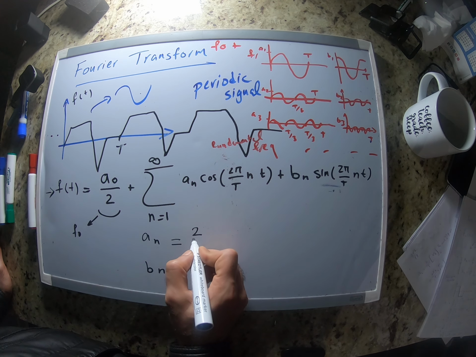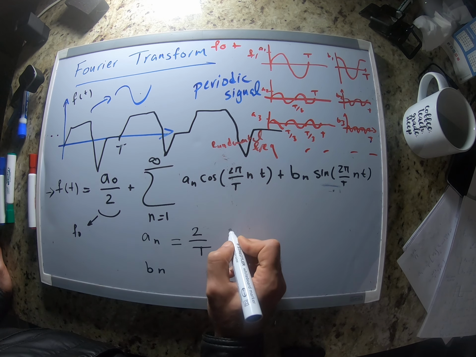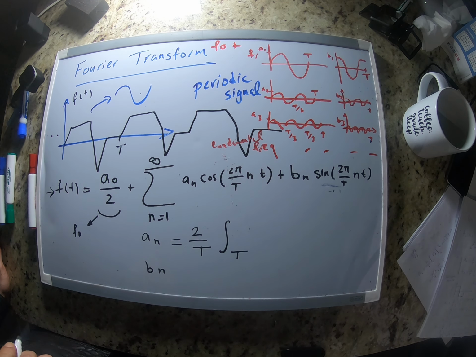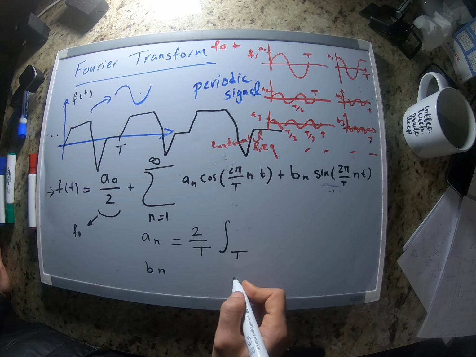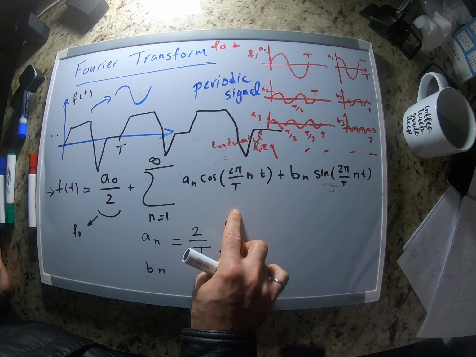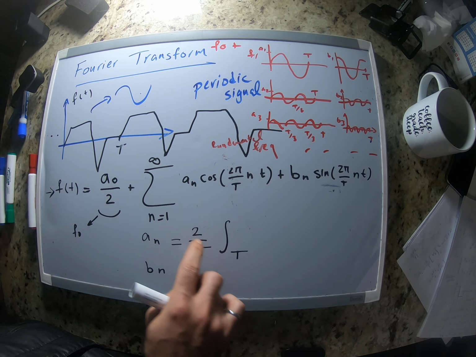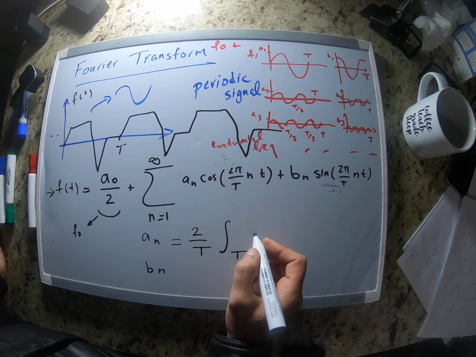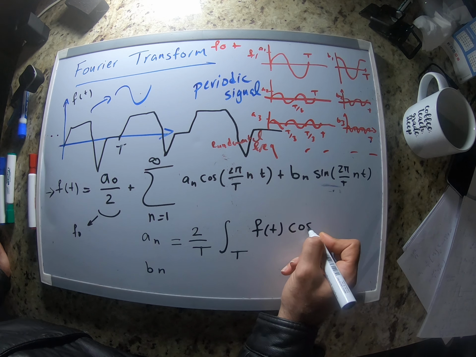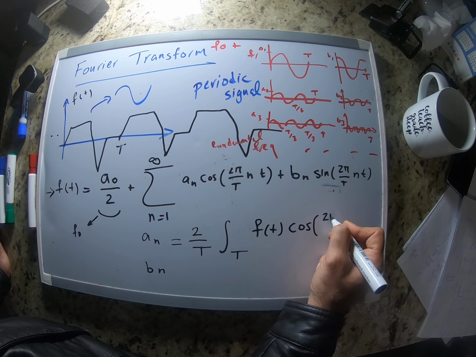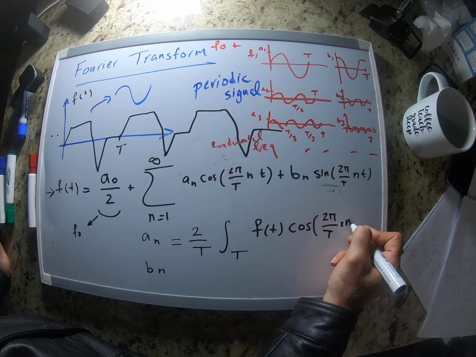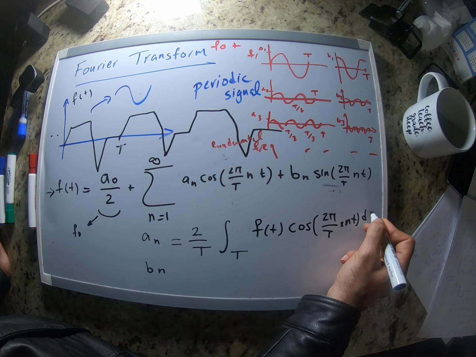An is 2 over T integral over the period, so it can be from 0 to T or from any time from A to A plus T. We usually go from 0 to T of f of t cosine of 2 pi over T times nt dt.